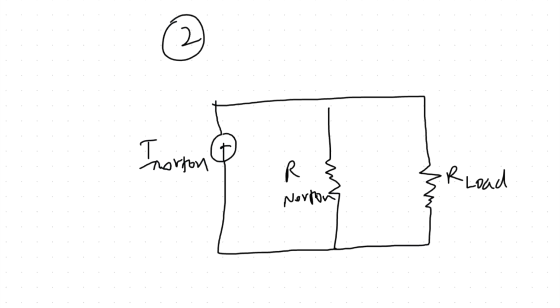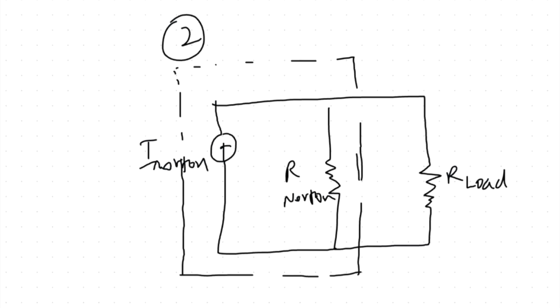So now our Norton equivalent circuit would basically reduce down to this. So just a current source and a single Norton resistance. So all of this gets compressed into the single circuit. So this is what is called Norton's theorem in circuit analysis.